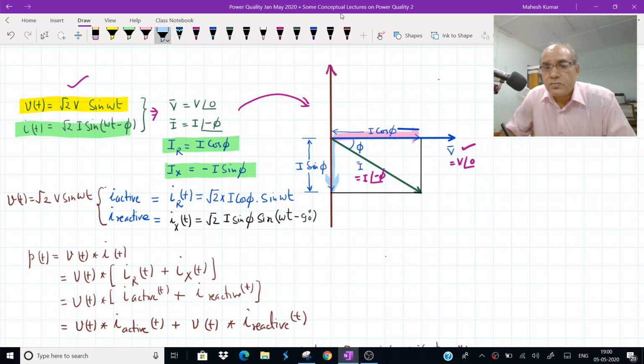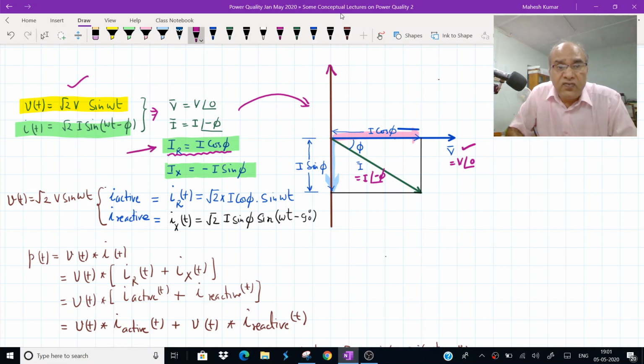Okay, and this value is therefore I cos phi, this is I sin phi. So I have substituted here, I real part is I cos phi, or in phase component you can say if you want, in phase component, and this is quadrature phase component.